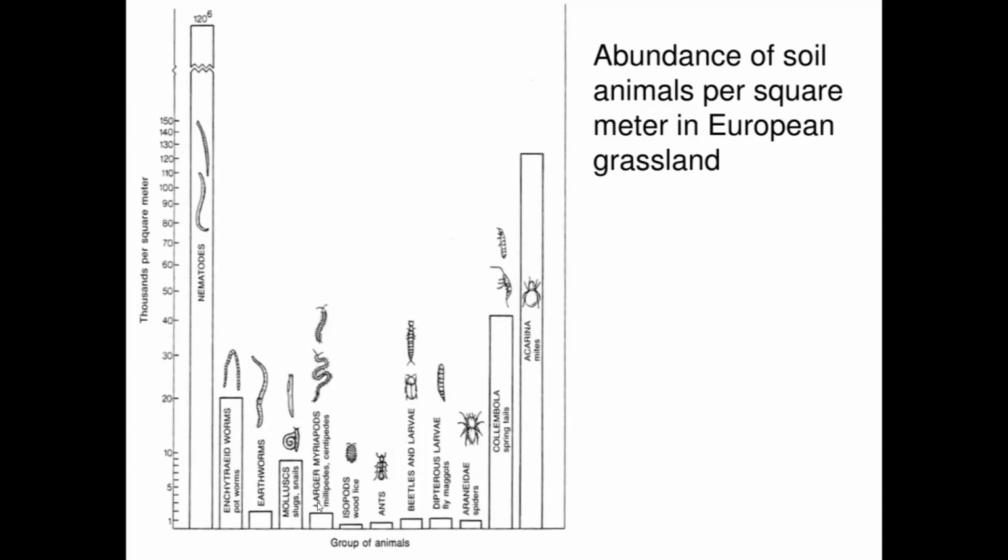Then you have the myriapods, the millipede and centipede, followed by the isopod, the ant, the beetles and their larvae, followed by the dipterous flies and larvae as well. All these are found in the soil.